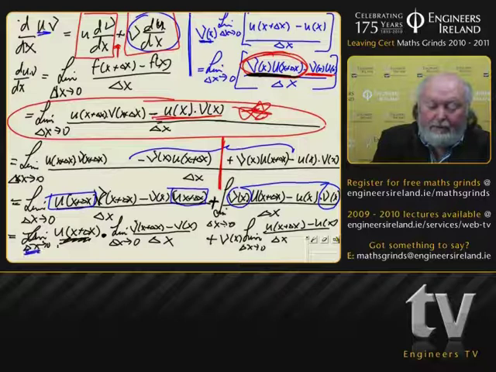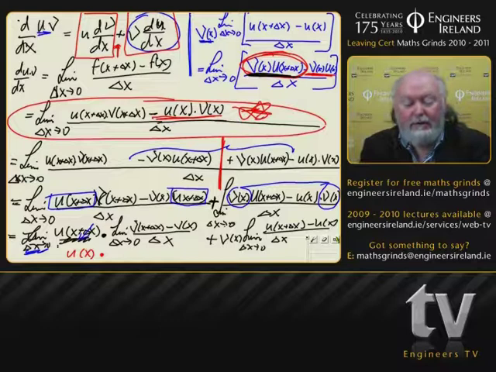When delta x goes to 0, that goes to 0, and I'm only left with u of x. It is multiplying into this second one.